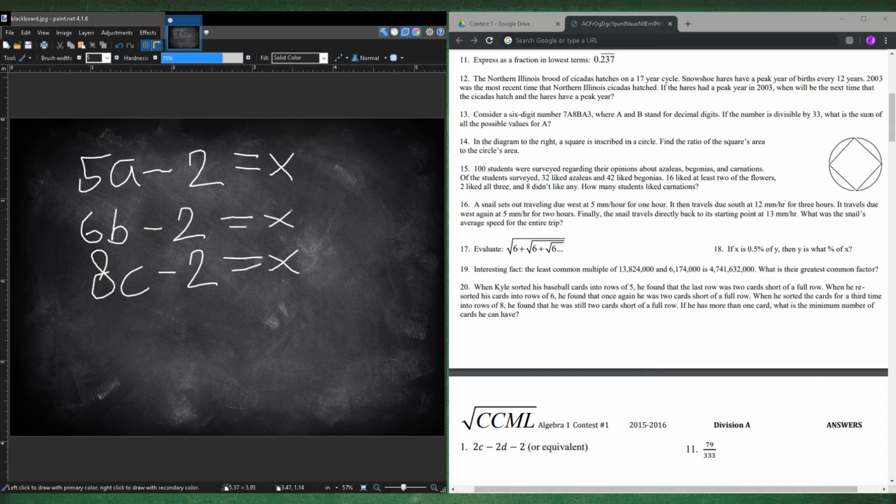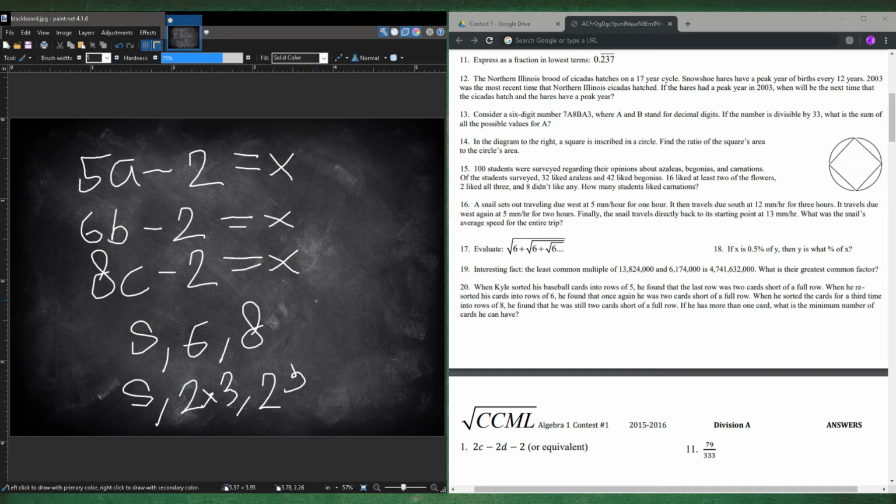So we have 5A equal to 6B, and equal to 8C. It has to be a multiple of 5, 6, and 8, so we look for the LCM. 5 is 5, 6 is 3 times 2, and 8 is 2 to the third.